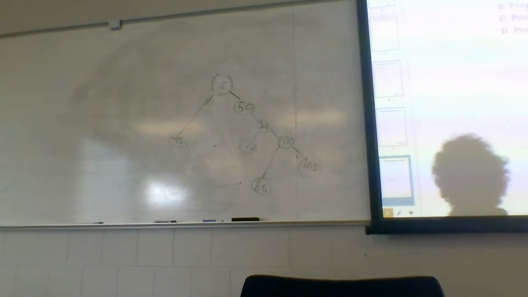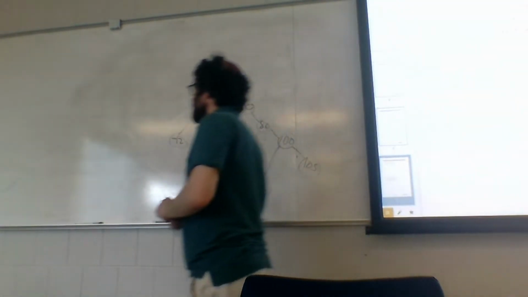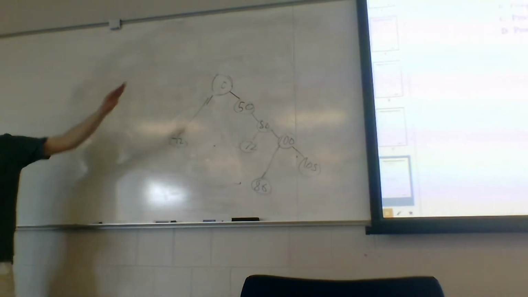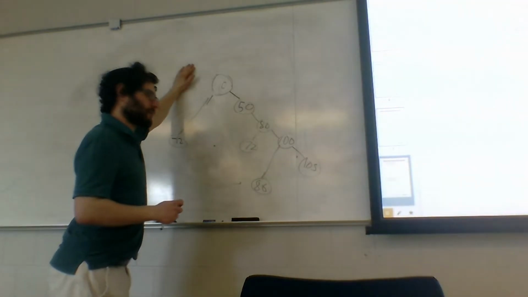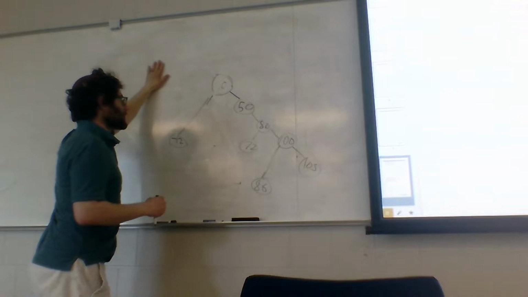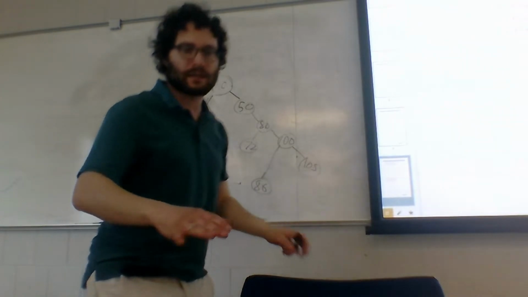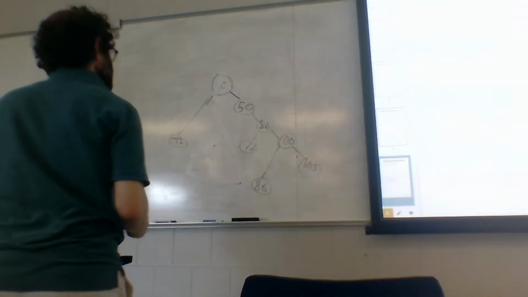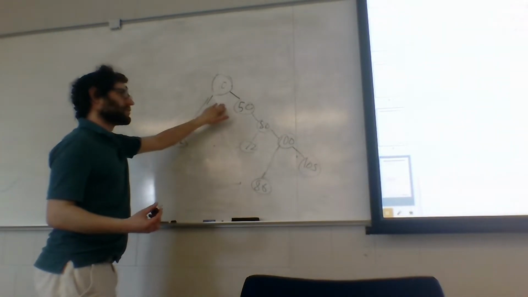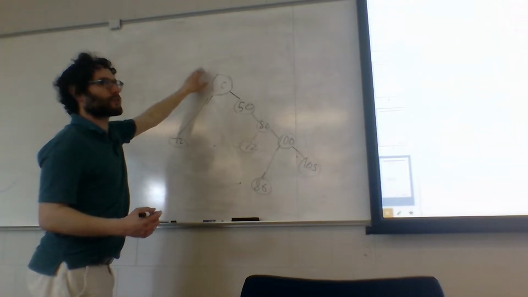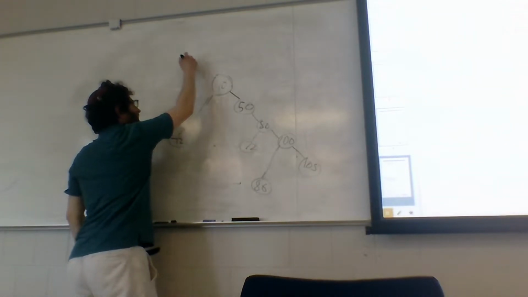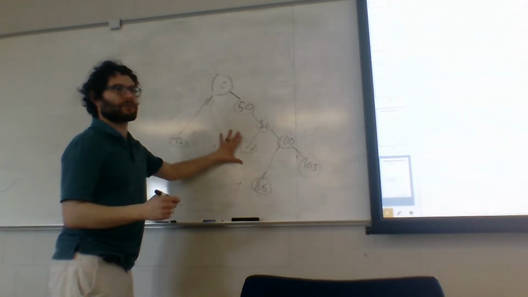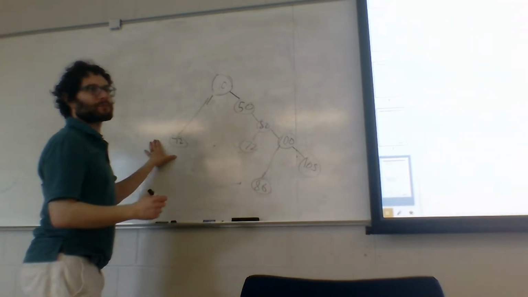Okay, so let's take a look at a preorder traversal of this tree. This tree starts at 10. Preorder traversal says handle myself, 10, handle my left subtree, then handle my right subtree. My left subtree is negative 12.